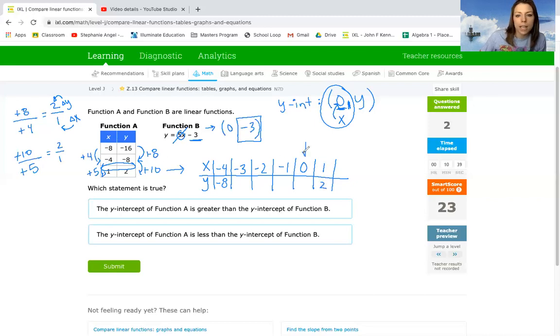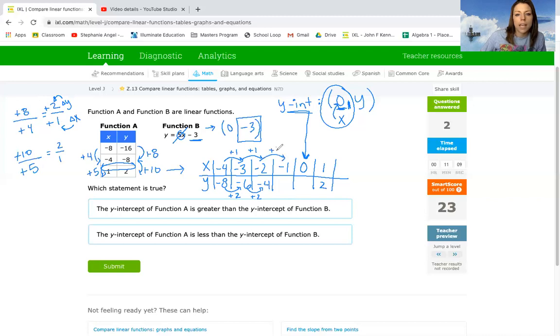Now this right here, this is going to be your Y-intercept, okay? So we're just going to use the rate of change. I'm adding 2 every time I add 1 to the X. So every time I add 1 to the X, I'm adding 2 to the Y. So what's -8 plus 2? That's -6. If I add 1 to the X, add 2 to the Y, -6 plus 2 is -4.